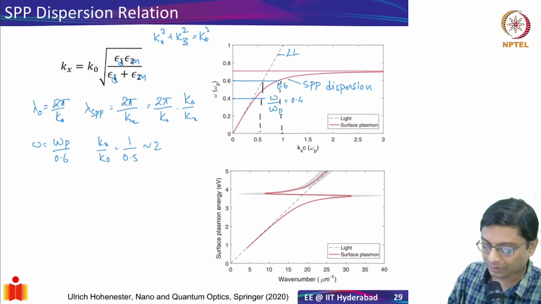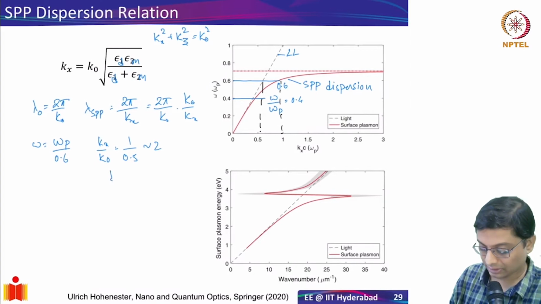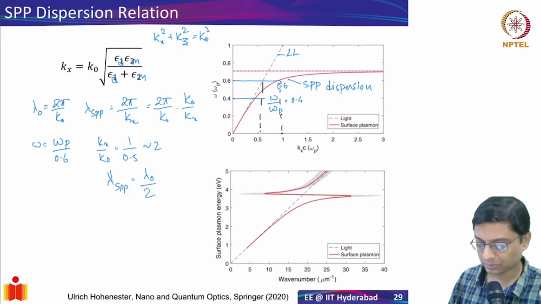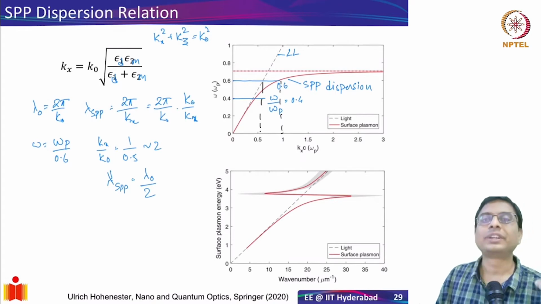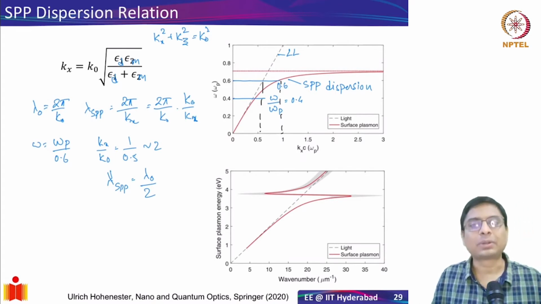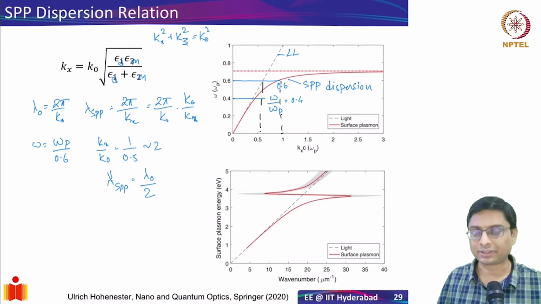The wavelength of the plasmon polariton is going to be how much? Lambda SPP for this case is going to be lambda naught divided by 2, right? Kx by k naught is 2 here, so it is 1 over that. So, the wavelength of the plasmon polariton is half the free space wavelength.